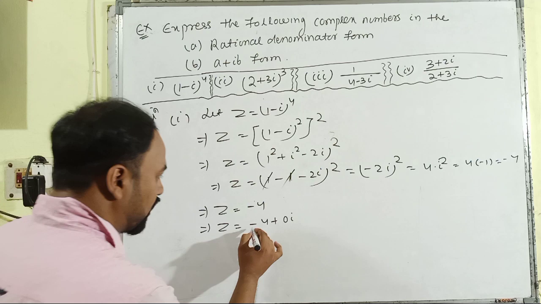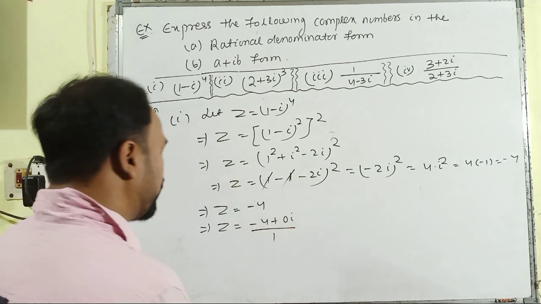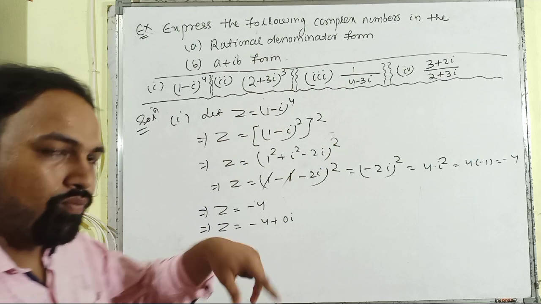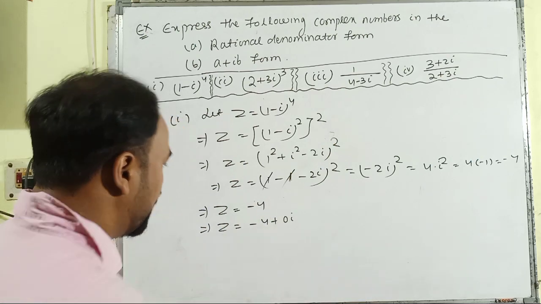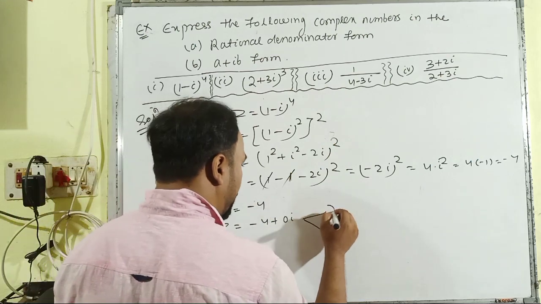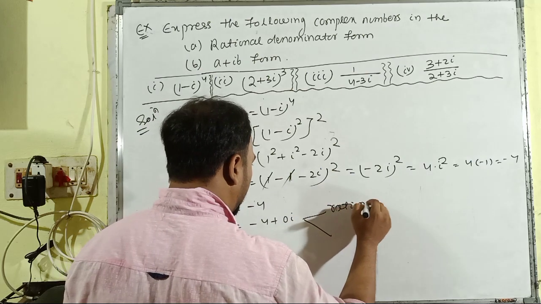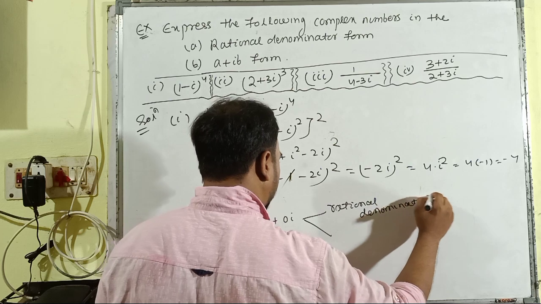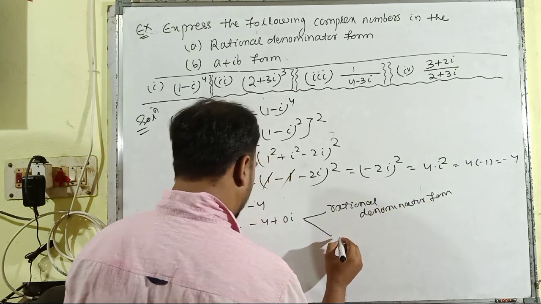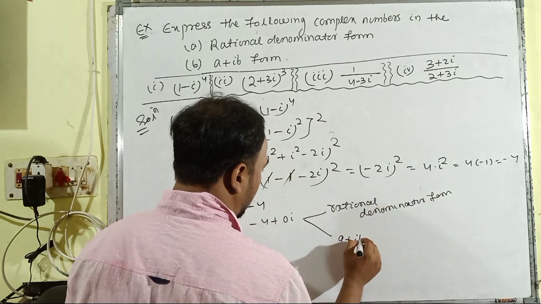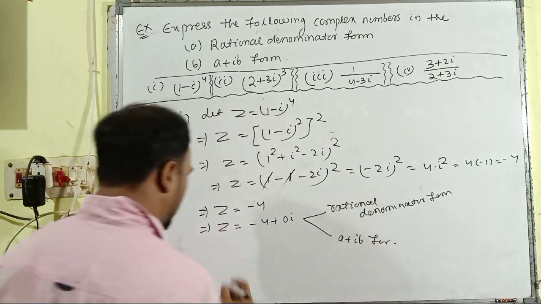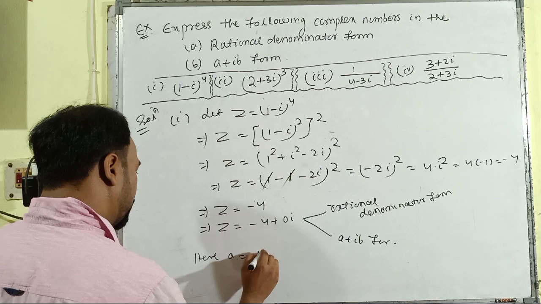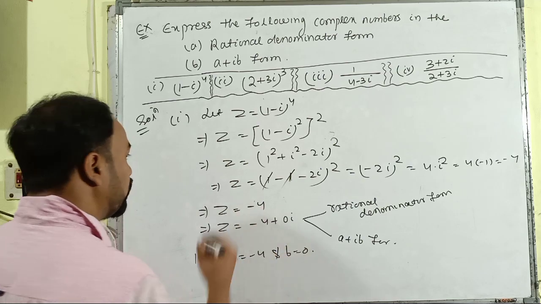And you can say that the denominator is 1 here, so there is no need to find the rational denominator form or the a plus ib form separately. Both are the same here, and here it is the a plus ib form. Here a is equal to minus 4 and b is equal to 0.